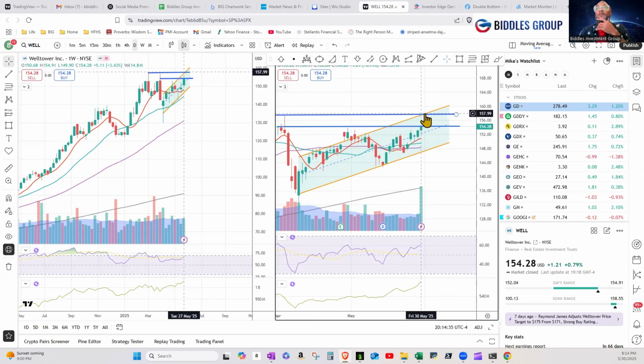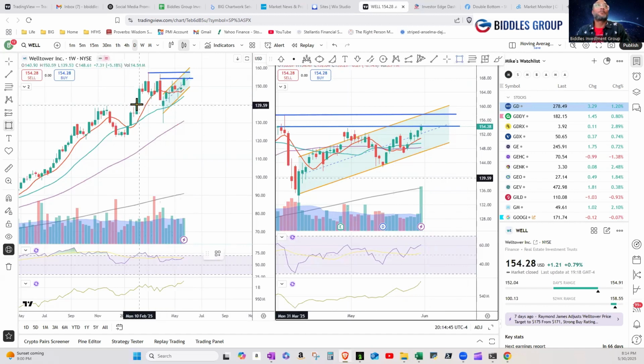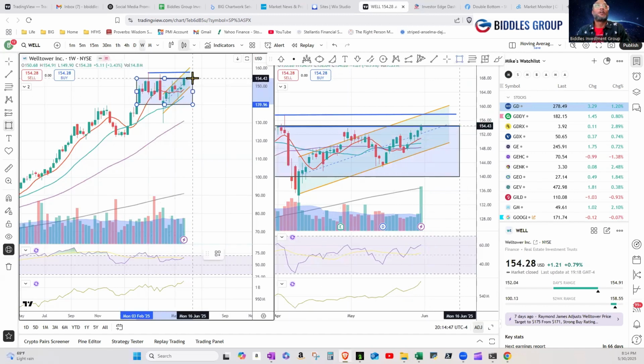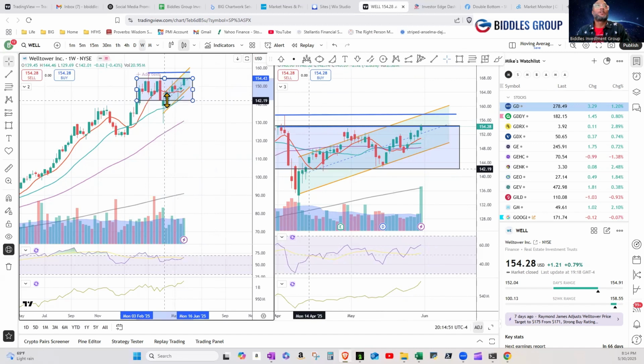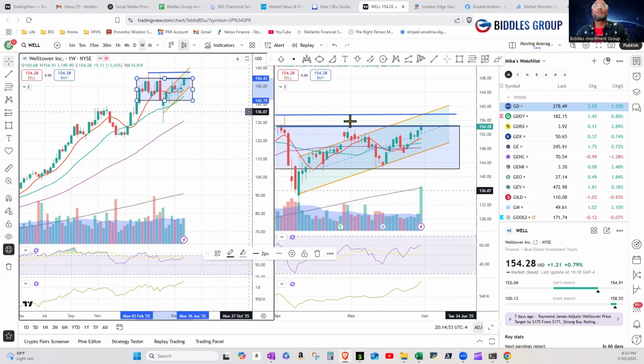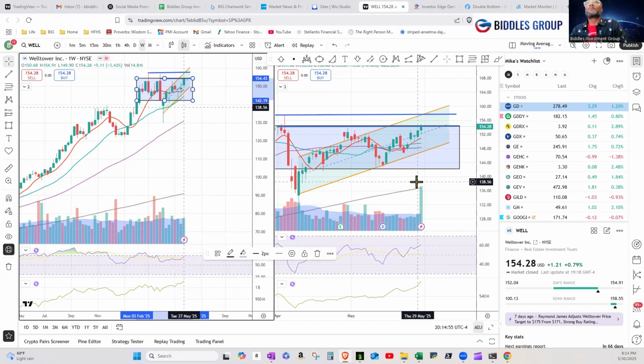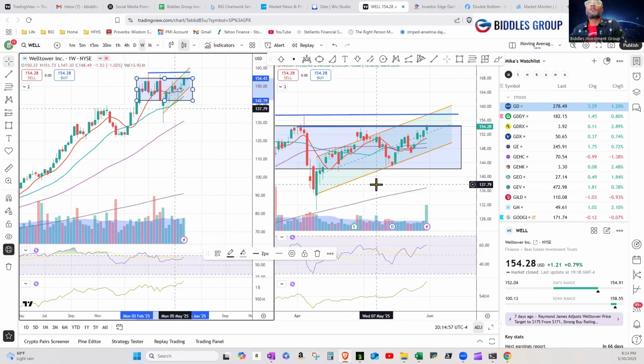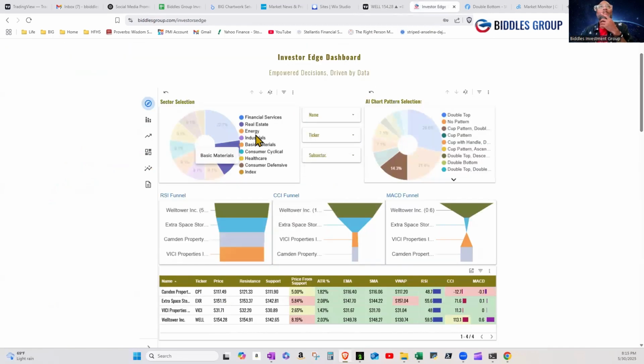It'll head to this level, and then it might reverse back, because that's that parallel channel, if it holds true to form, unless it breaks out on earnings or something positive. We also have this range here. If we move that up a little bit, this 142 price doesn't look too bad. Picking that up probably at 142, we'll put a 5% stop loss. So I don't think real estate is ready.